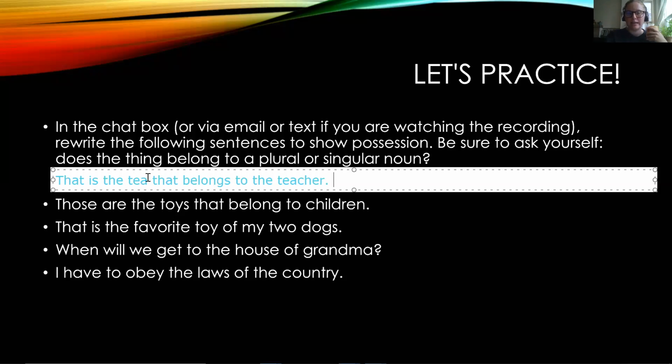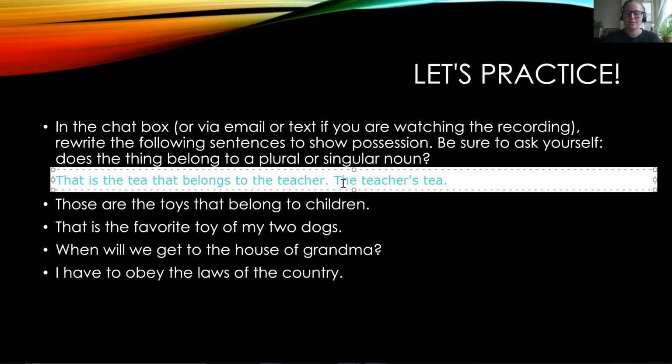This is a hint: the word belongs. The tea belongs to the teacher. As Jennifer wrote in the chat, we can rewrite this as the teacher's tea.